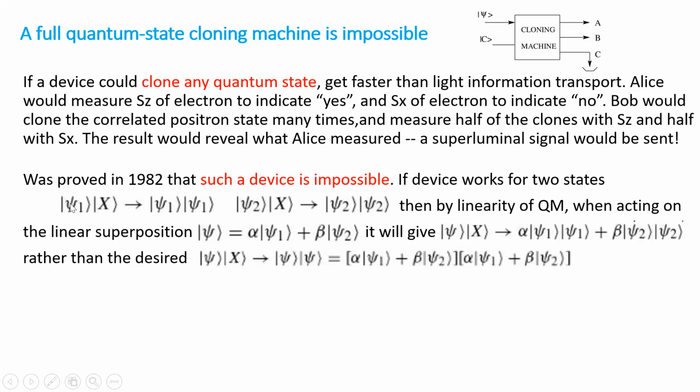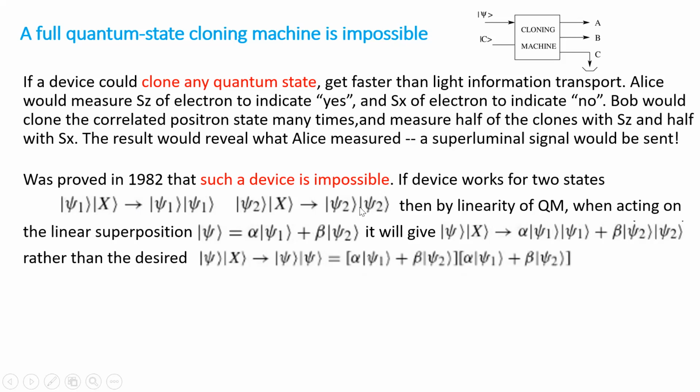So it takes psi1 and another state, a sort of blank state. It's some state, but it has nothing to do with the psi1 state that is to be copied. And it turns out 2 psi1s. So if it does that for psi1, and the device also does it for psi2, and if you like, you can imagine psi1 to be spin up and psi2 to be spin down. That's a nice way to think about this.